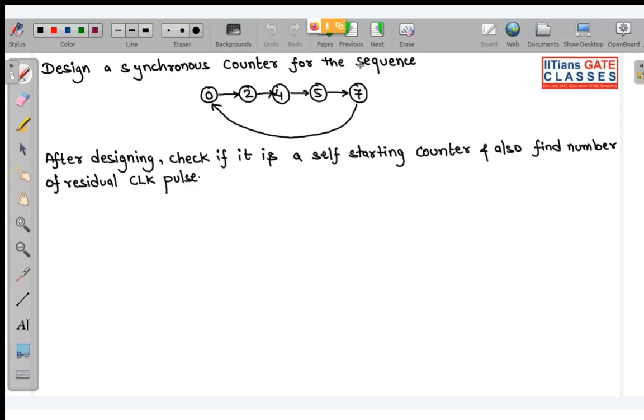Quickly design this using JK flip flops. Here you can see it will be a 3-bit counter. Why? Because of 7, 5, we cannot represent these numbers using 2 bits.